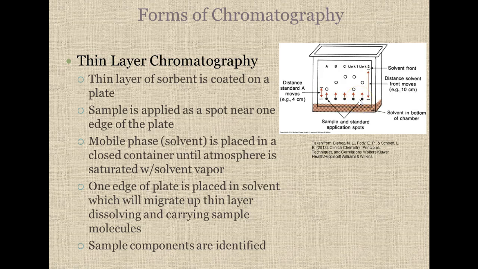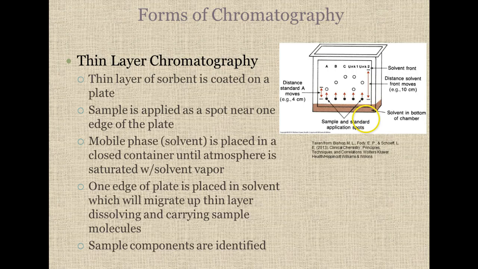Now what's going to happen when you put this plate inside the solvent, there'll be a little bit of solvent down in the bottom. All of the solvent is going to start to travel up and up, and as it does that, it's going to carry your unknown sample a certain distance. There's a mobile phase, which is the solvent in the bottom, and it needs to be kept in a closed container, otherwise it'll just evaporate.